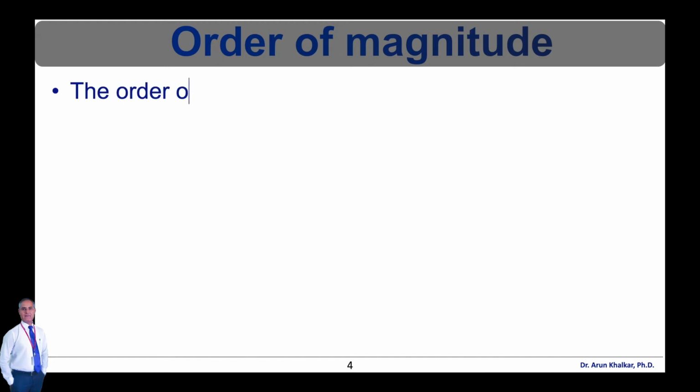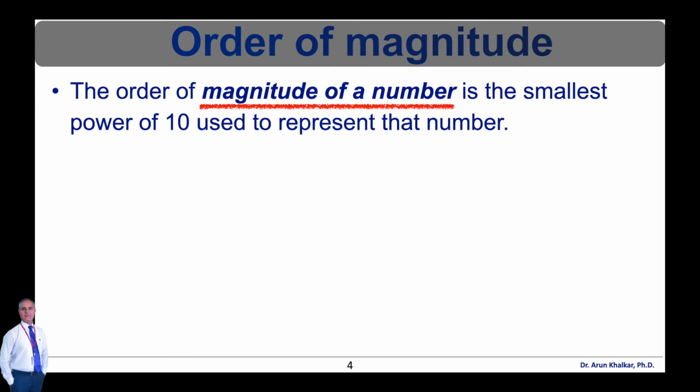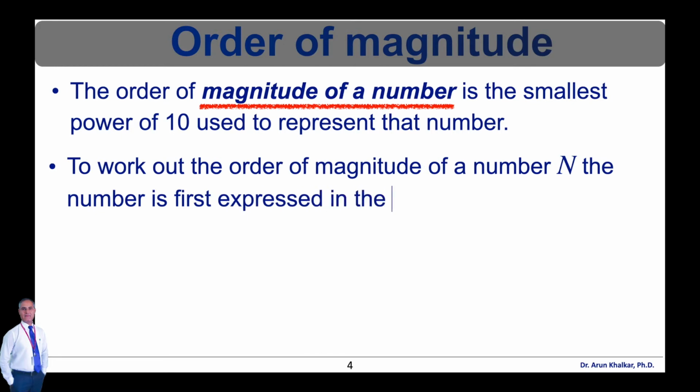The differences in order of magnitude can be measured on a base 10 logarithmic scale in decades, that is, factors of 10. Examples of numbers of different magnitudes can be found at orders of magnitude (numbers). Generally, the order of magnitude of a number is the smallest power of 10 used to represent that number.